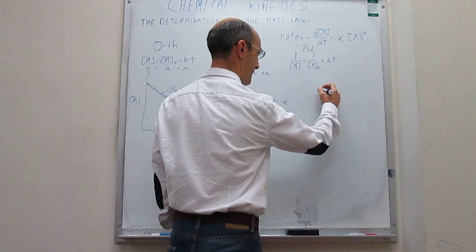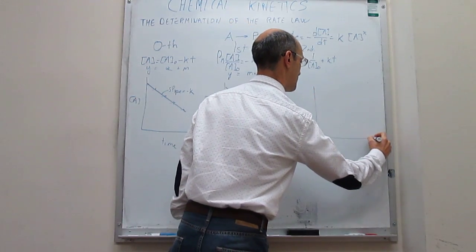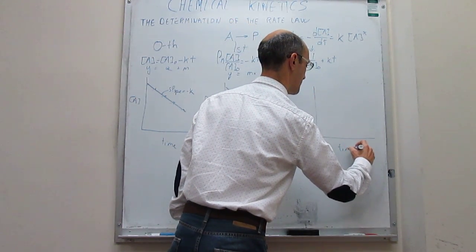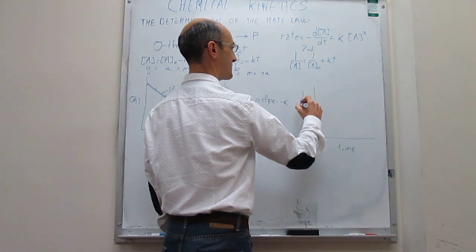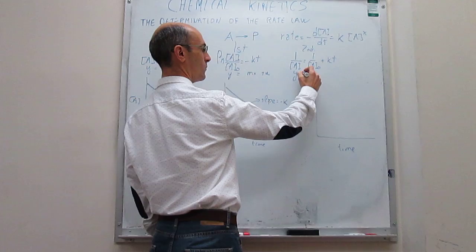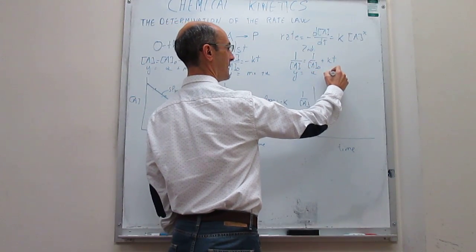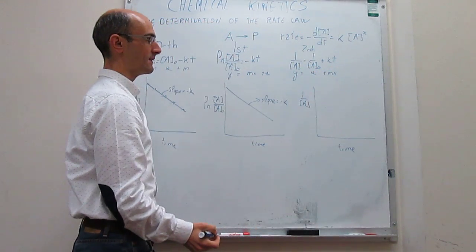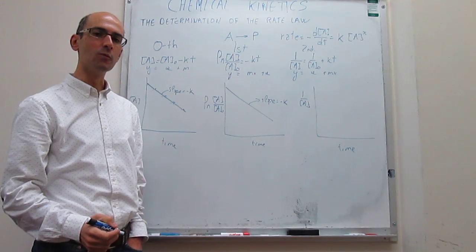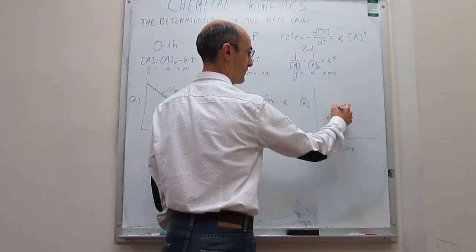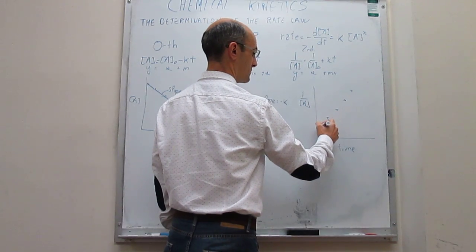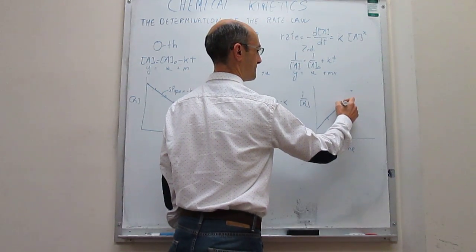For a second order reaction with one reagent, again, time appears in the x-axis, and then you would represent 1 over A in the y-axis, and your representation would be y is equal to A plus mx. Notice that in this case, because the rate constants are always positive, this data should have a positive slope, which is equal to the rate constant.